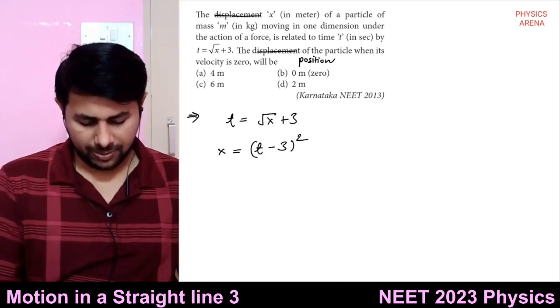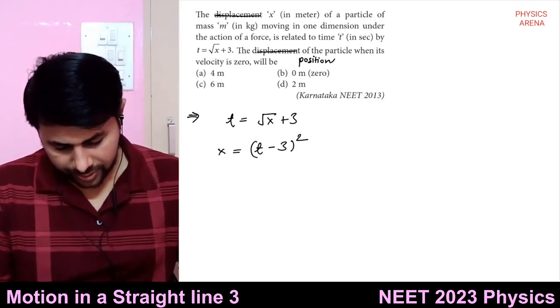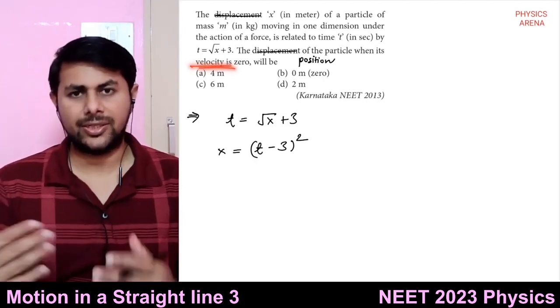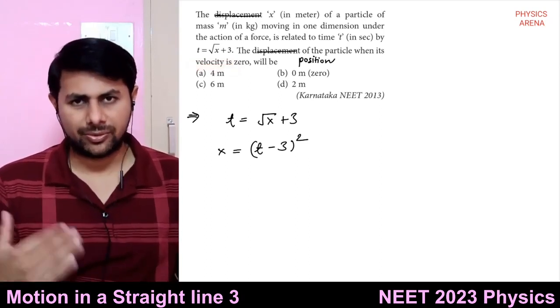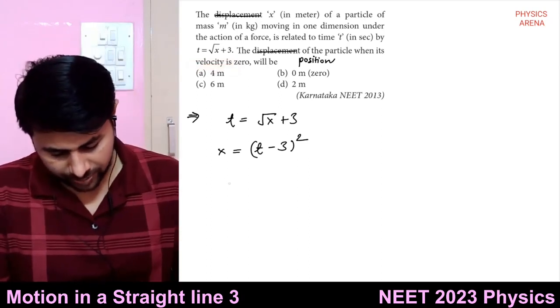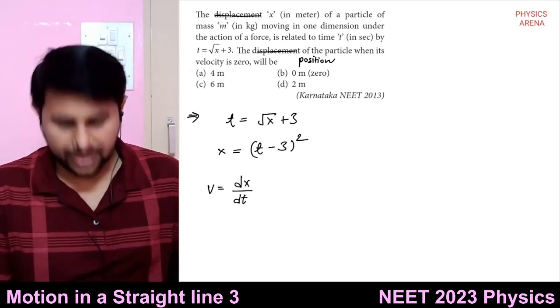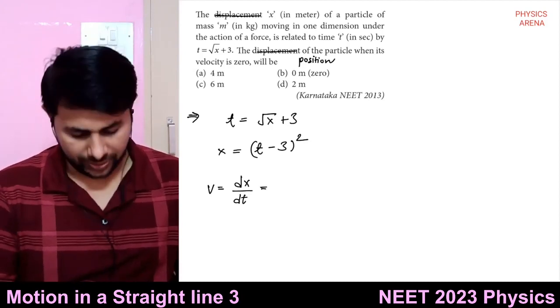After that we can find out its velocity. In the question they are asking when velocity is 0. So velocity is the derivative of position with respect to time, and it's given that at some time it's equal to 0.